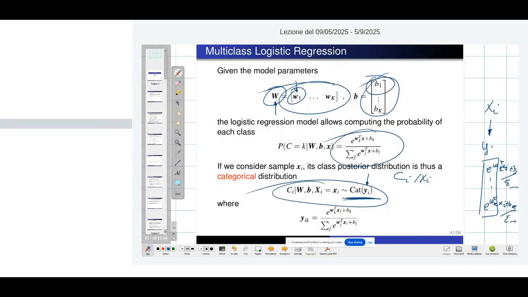So the result of the softmax function applied to the scores computed for that sample. Here i is the sample and k refers to the component of this vector. And these are the parameters of our categorical distribution.